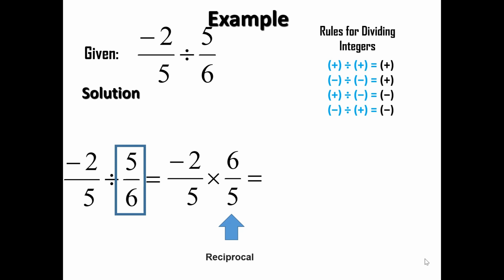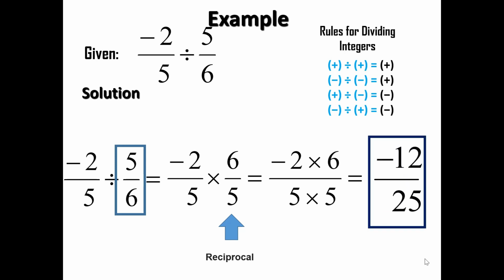Pag pareho ng sign at nagdi-divide tayo, ay positive. Kapag naman unlike sign, automatic, negative yung ating sagot. So in this case, we have negative 2 times 6, numerator to numerator, and 5 times 5 is equal to negative 12 over 25.